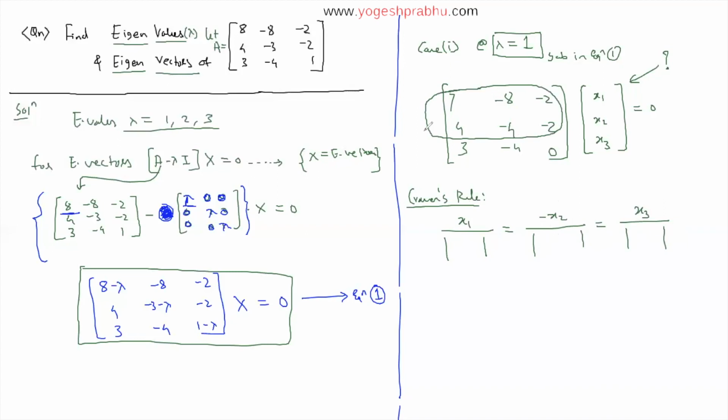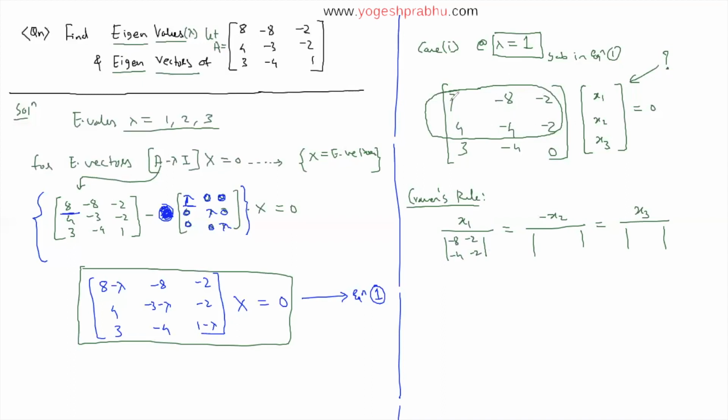Now if we decide to take these two equations, first and second rows, for x1 you will take the determinant of these two. I hope you remember this also. It is minus 8, minus 2, minus 4, and minus 2. Next is for x2.